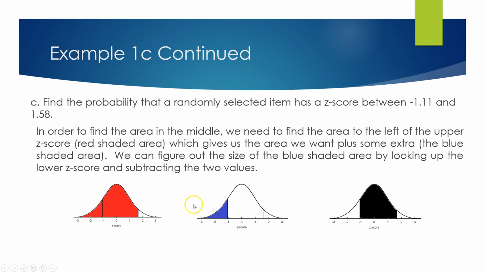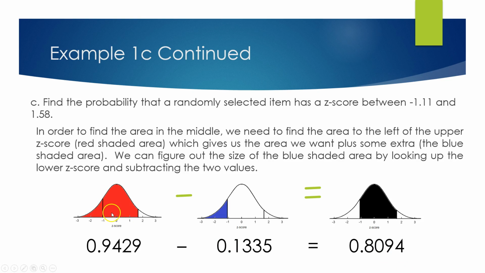Once we subtract the two values, we end up getting just the piece that we want. Originally we get the black plus this non-shaded left tail over here. We subtract off that piece that we don't want, and then we are left with the middle.